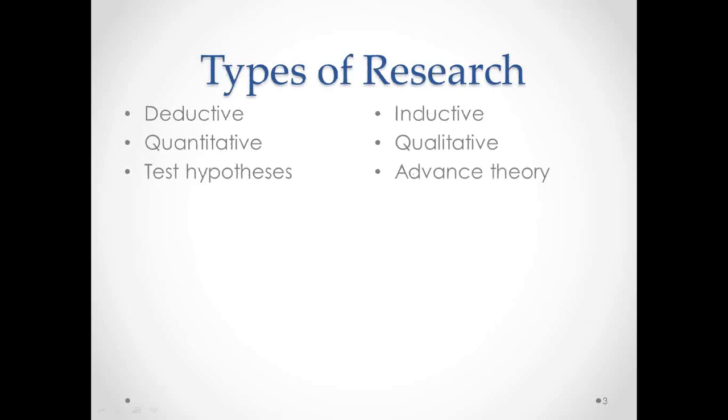So when we talk about types of research, we talk about deductive quantitative research and we talk about inductive qualitative research. And the deductive quantitative research is the kind of research that is testing a hypothesis. And I'm sure we could all identify in our clinical practice a study that we've read that has a quantitative approach, where we've tested a hypothesis, we've done some evaluative research, we've got a randomized control trial, we've got a drug trial, we've got a piece of research that has evaluated an intervention against another intervention.